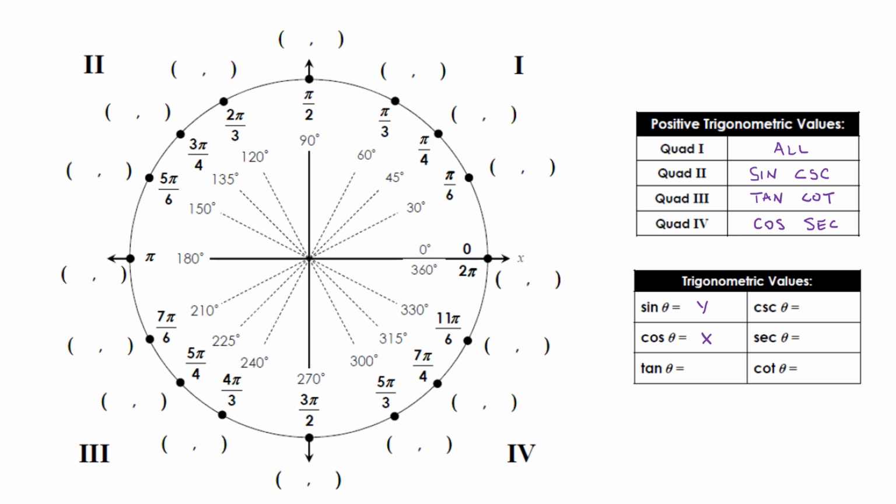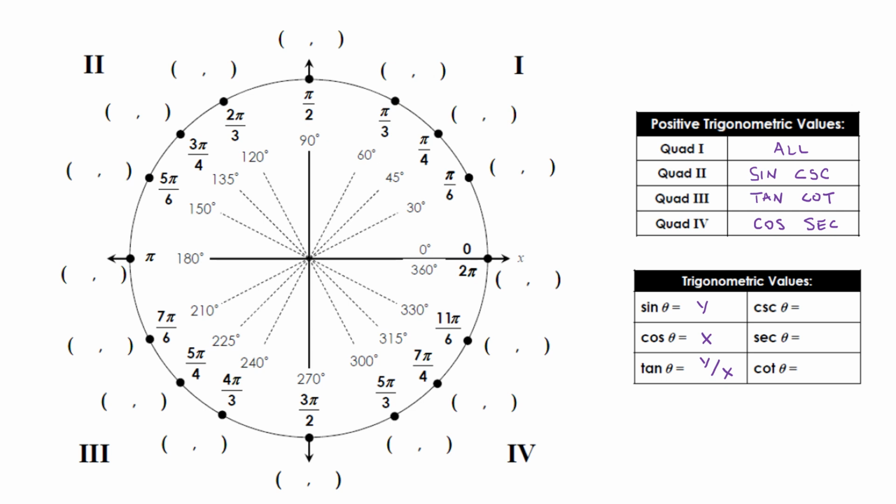Now tangent is going to be sine divided by cosine, so that's y divided by x. So if we wanted to find the tangent of a specific angle, we'll just take the y-coordinate and divide it by the x-coordinate.